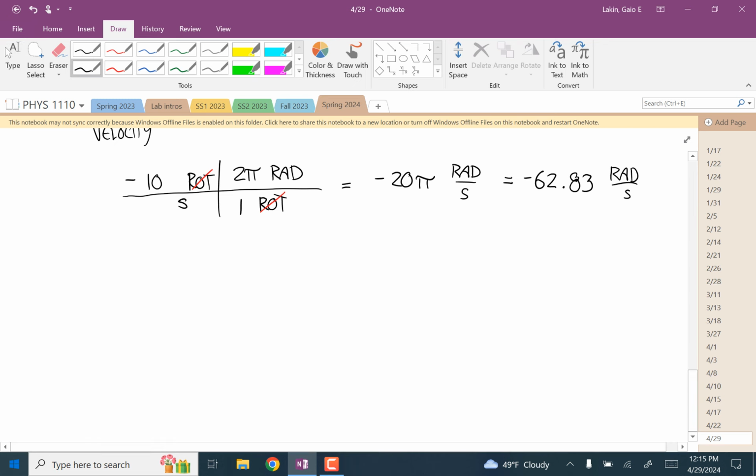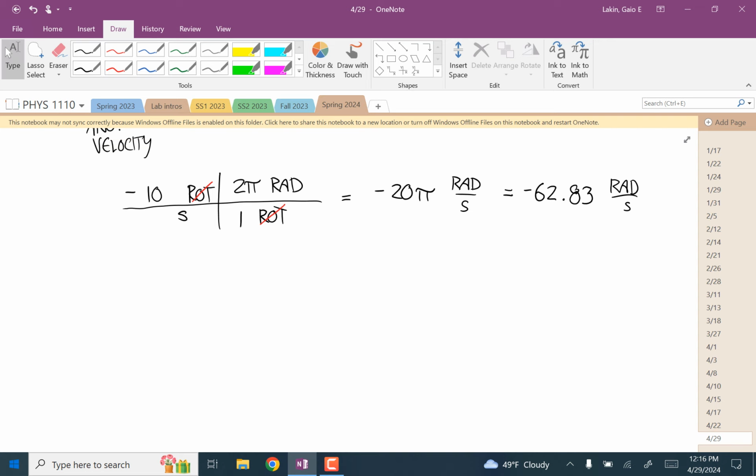We are only going to be using angular quantities with rigid bodies where there's some point on the body that's fixed to the ground. That means like with a hinge or a pin or something, and the thing just rotates around this point, okay?